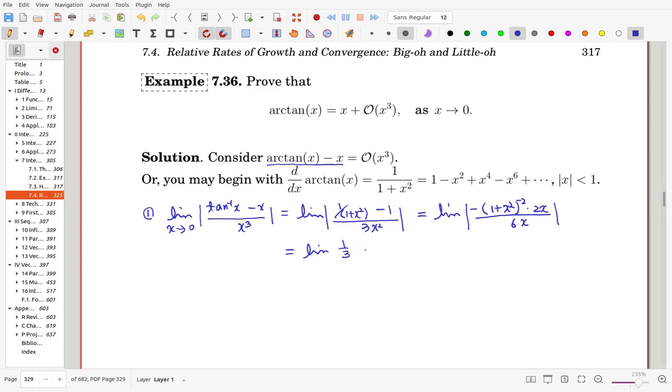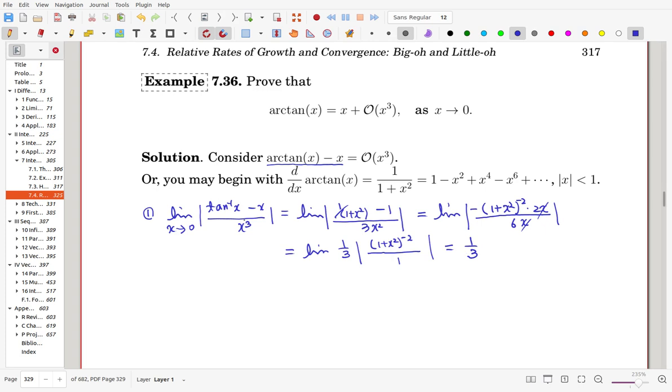You may ignore the minus sign, but anyway, that is 1 plus x squared to the minus 2 power, and we can cancel this x and x, and 1/3 equal out, and that is 1 here, right? As x approaches 0, the top becomes 1, the bottom 1, so that limit must be 1/3.